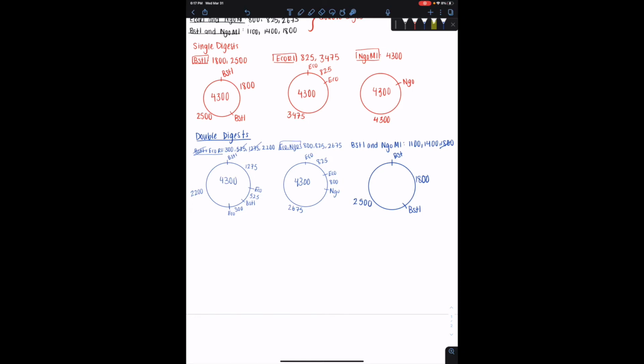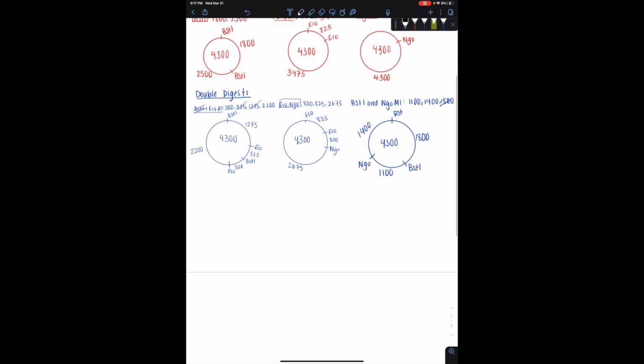Okay, if we add up 1100 and 1400, that equals 2500. So we can split this 2500 into 1100 and 1400. Let's do that real quick. And we're going to use engo to do that. Alright, so this double digest is already done too.